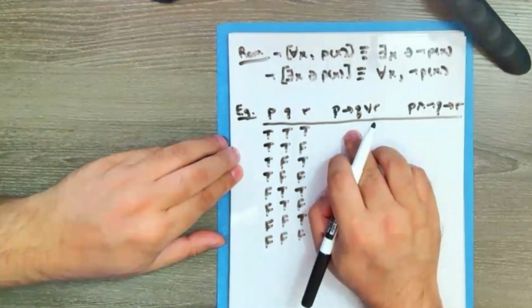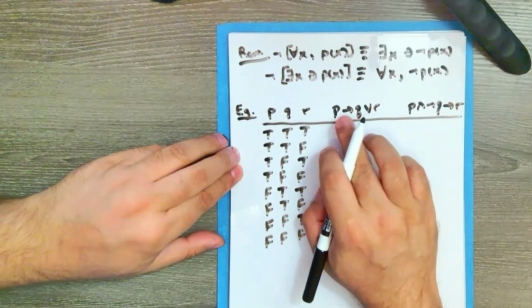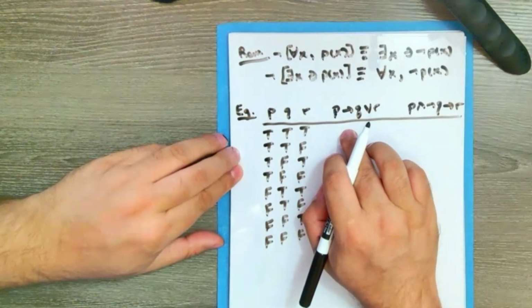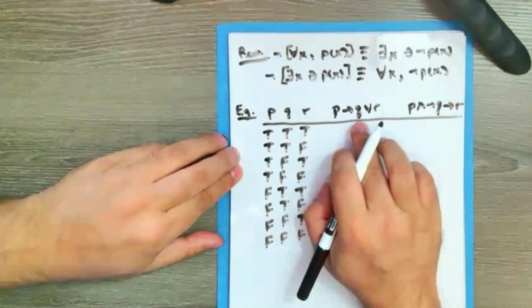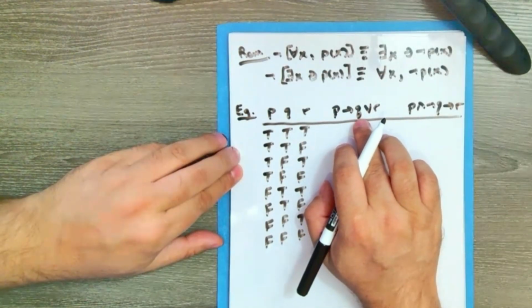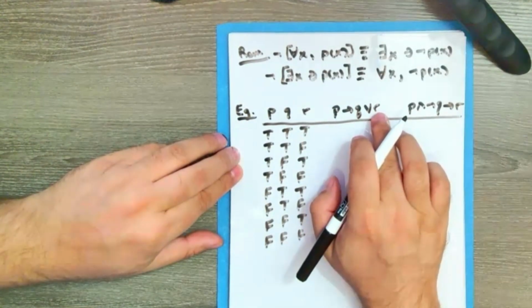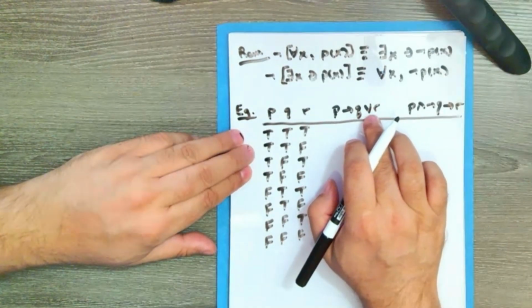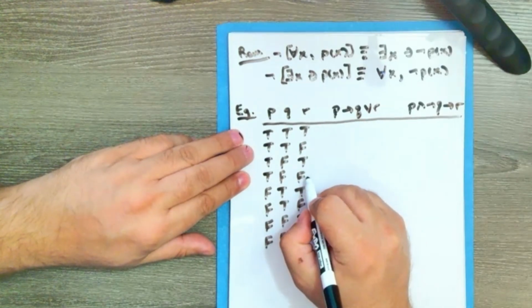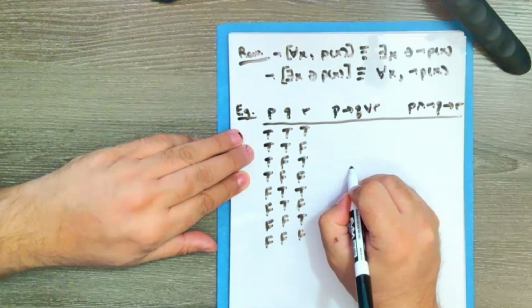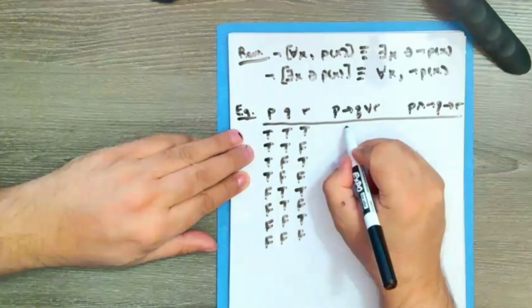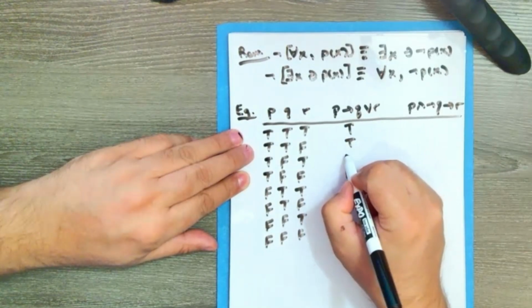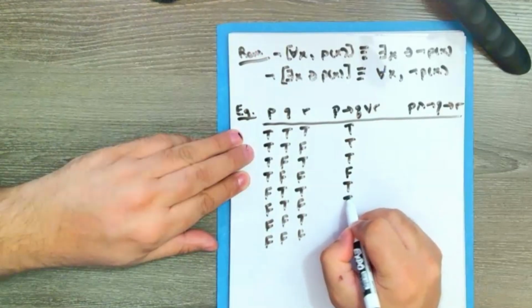So the first implication is false precisely when P is true and the conclusion Q or R is false. So that occurs when Q and R are both false. So that occurs in this case. And in every other case, that implication is true.